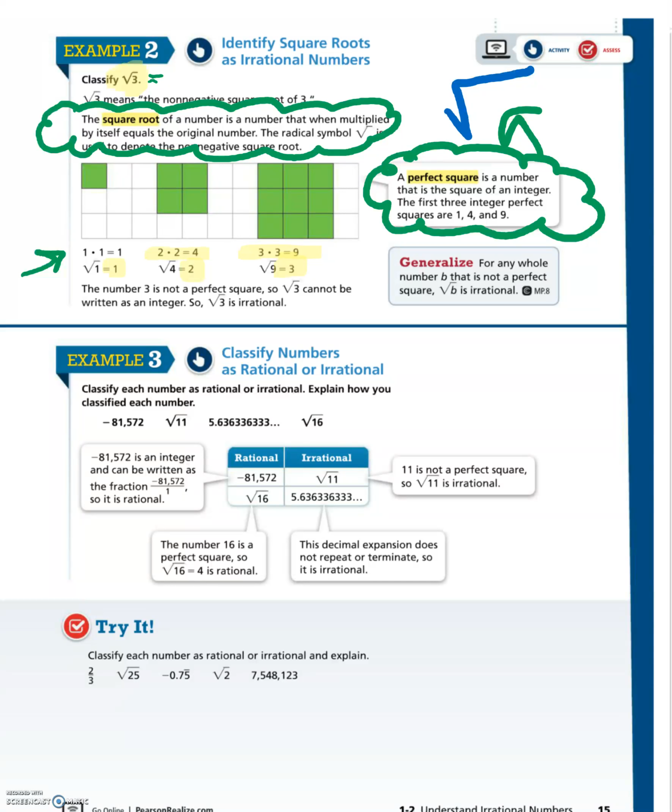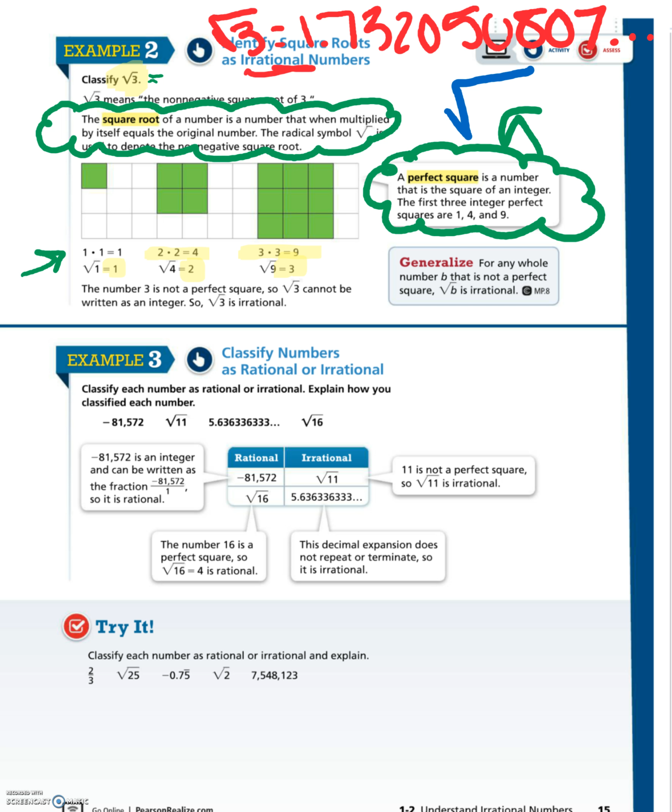Now, the square root of 3, I hope you looked in your calculator because I did too. The square root of 3 is equal to 1.732050807, goes on and on and on. I see no repeating numbers and it does not terminate, therefore it is irrational.